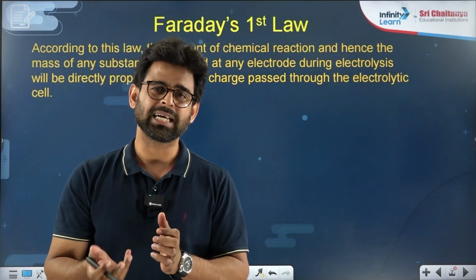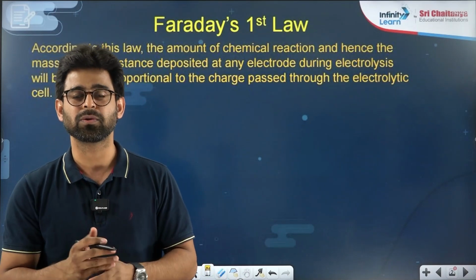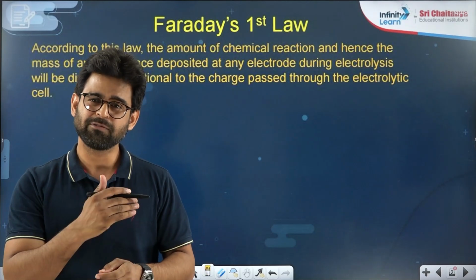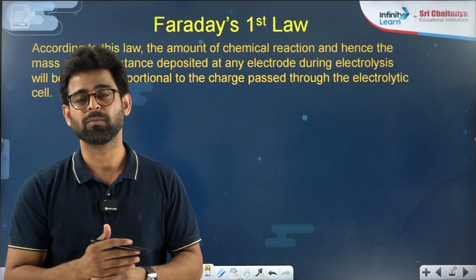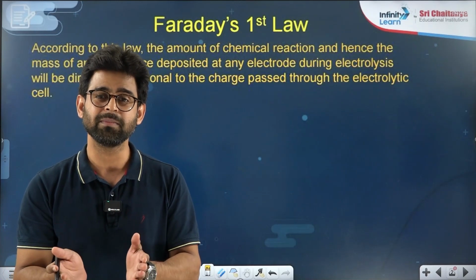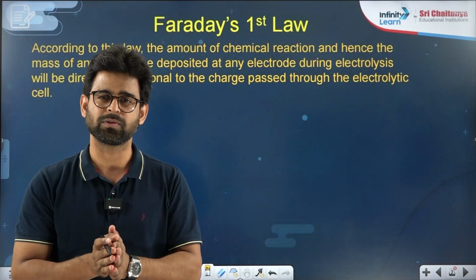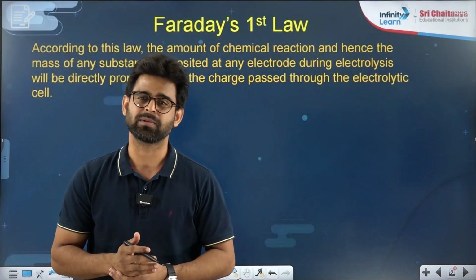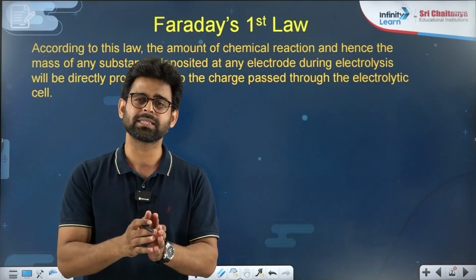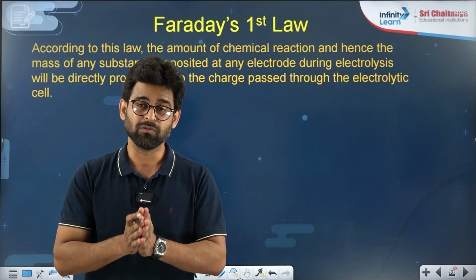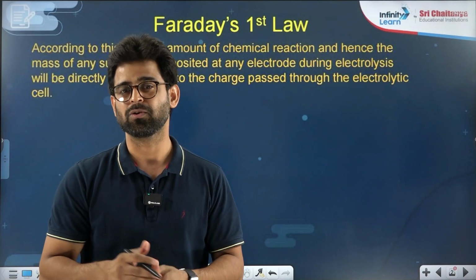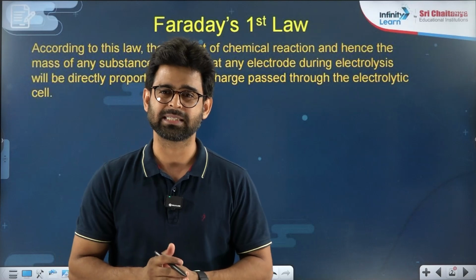If you pass the current for a longer time, you are passing more charge, which means it will do oxidation and reduction for a longer time, and it will deposit more substance at cathode and anode. So in simple words, the weight or amount deposited at any electrode will be directly proportional to the charge passed through the electrolytic cell.